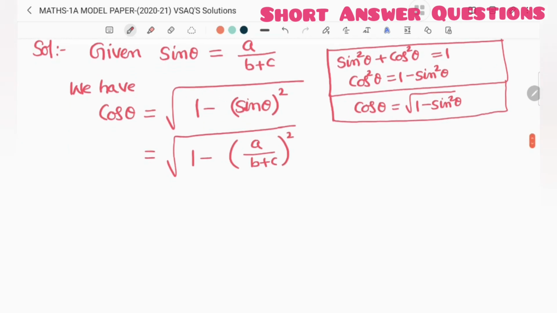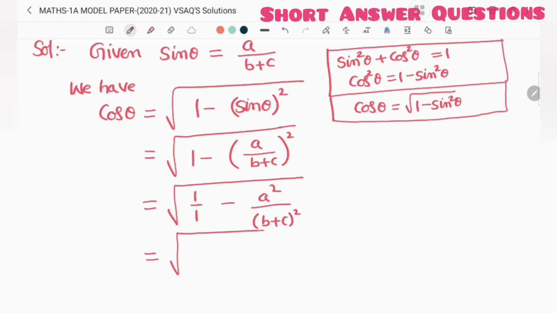Which is equal to root over 1 minus a square by b plus c whole square. Now take LCM, which is equal to root over b plus c whole square minus a square, all over b plus c whole square.